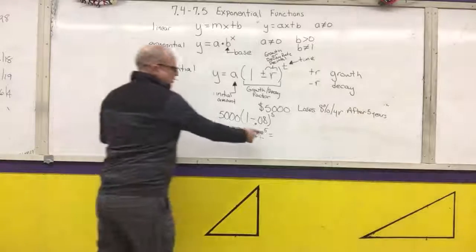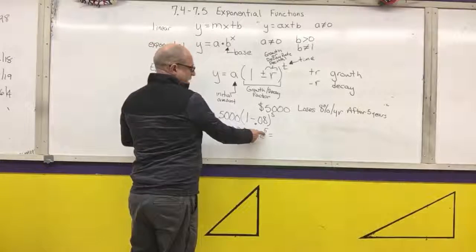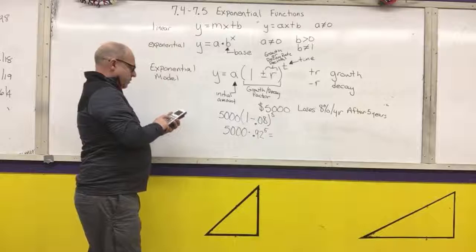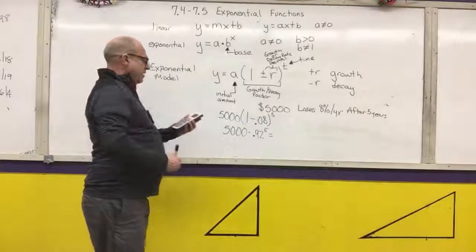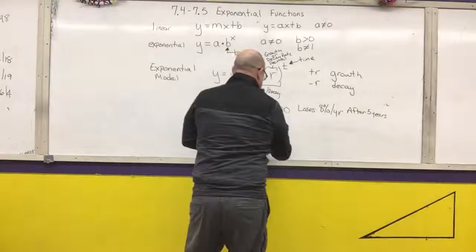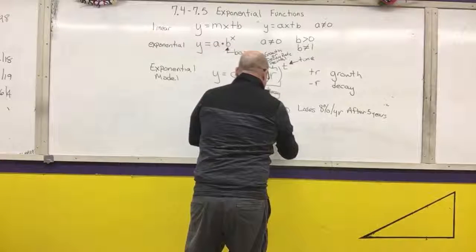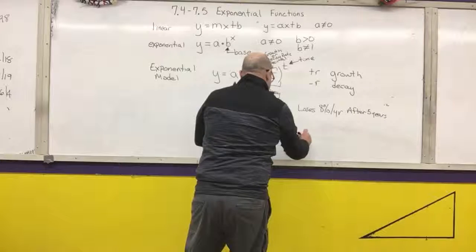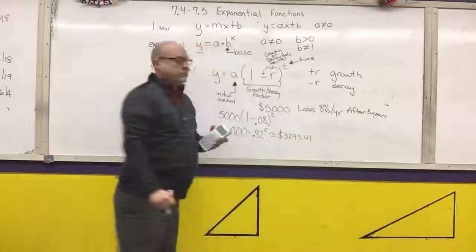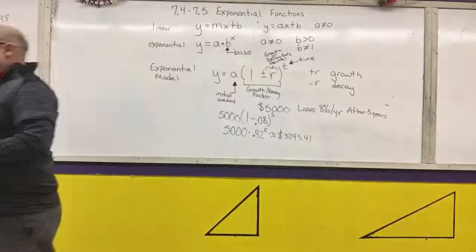And again, to raise something to more than a squared power, you're going to use that caret symbol to the 5th. And it says that it's going to be worth approximately $3,295.41. Okay?